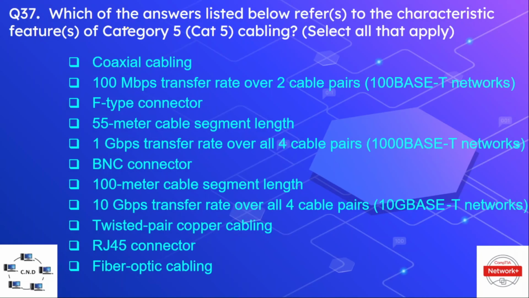Question number 37 is that which of the answers listed below refer to the characteristic feature of category 5 or Cat 5 cabling? Select all the correct options.